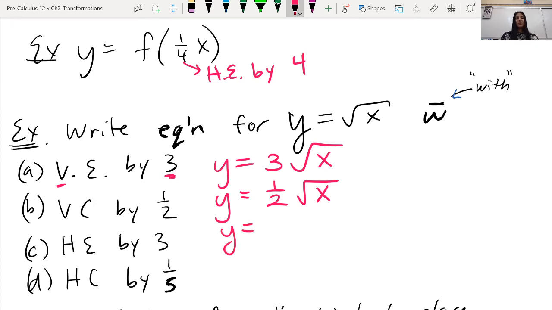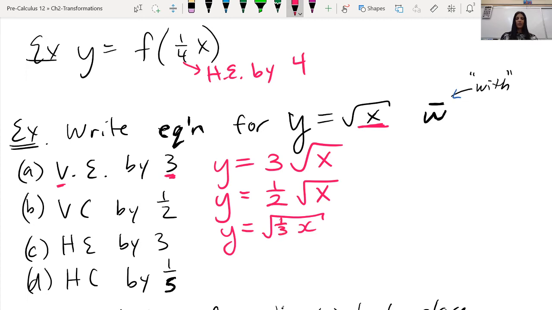If we have a horizontal expansion by a factor of 3, well, what that means is we are going to put 3 or some version of that with the x values. So I can draw my root sign, and I need to think to myself, if I see a 3 written there, and I know that with x I always do the opposite, then it can't be a 3.